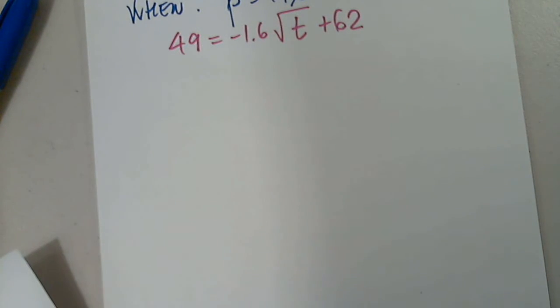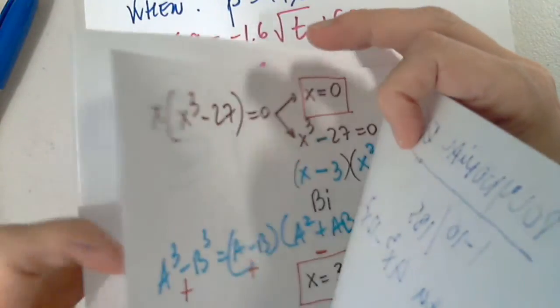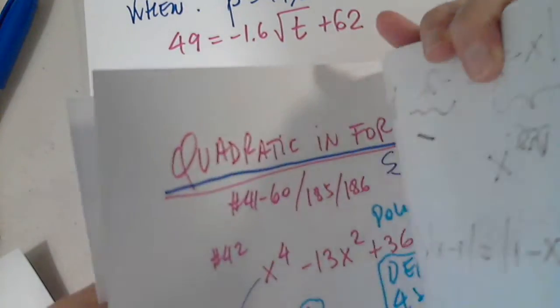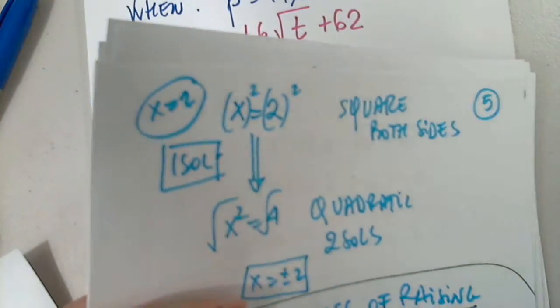Would this equation have 2 solutions as a square root? No. The answer is we don't know. Hold on. If we don't know, we go back.